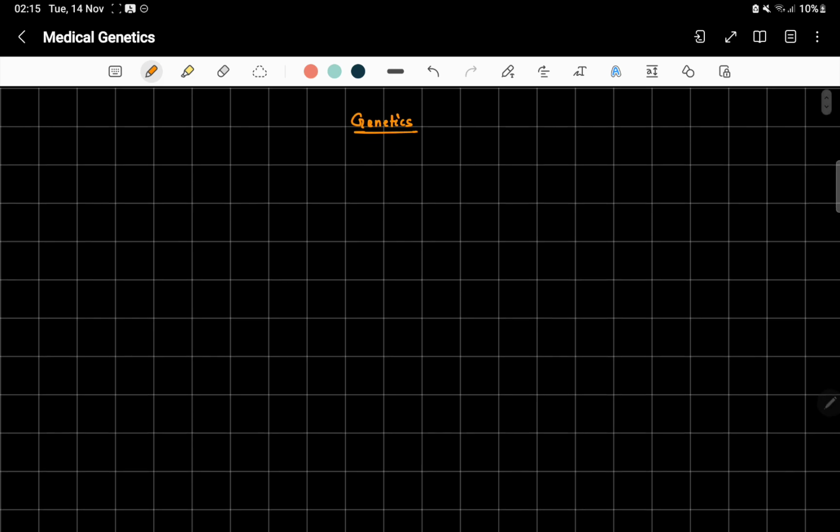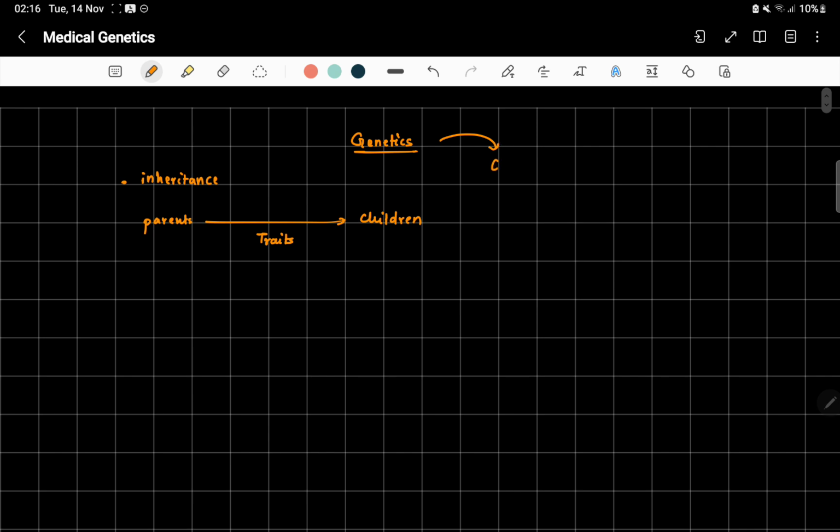Genetics is a branch of biology which deals with inheritance. Inheritance is the process by which the children acquire characteristics, the traits. Genetics is related to genes. The gene is the basis of genetics.